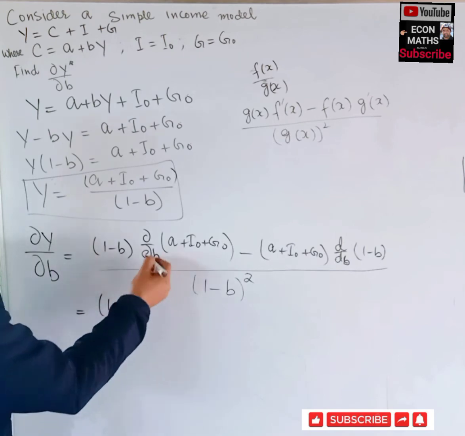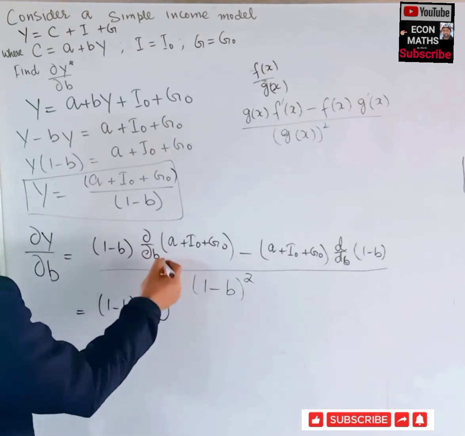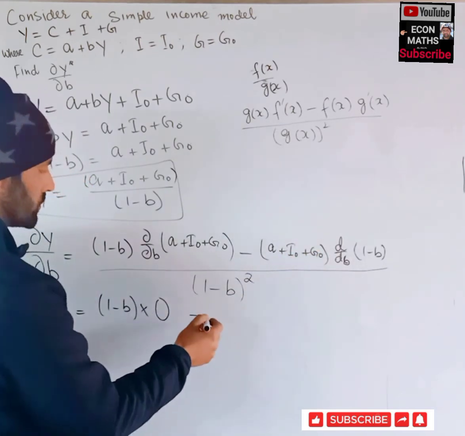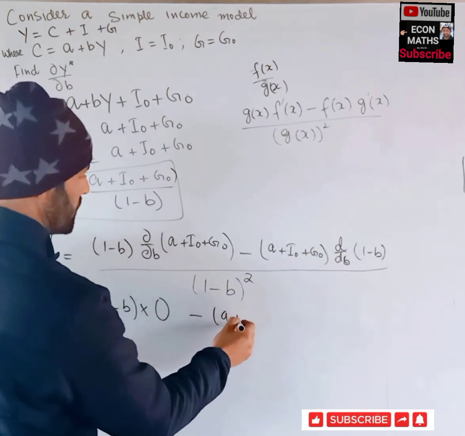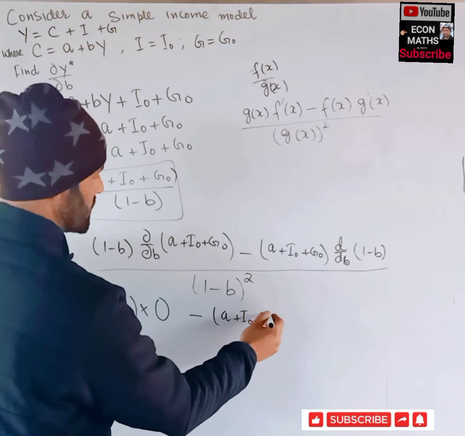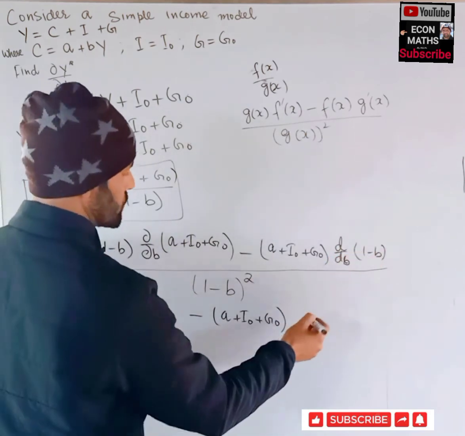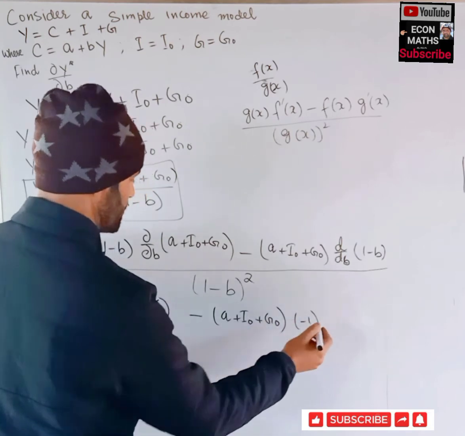Now solving this, here it is 1 minus b. Now the derivative of a constant is 0, so this whole term will become 0, minus here we have a plus I0 plus G0. Now the derivative of b is 1, so here it is minus 1.